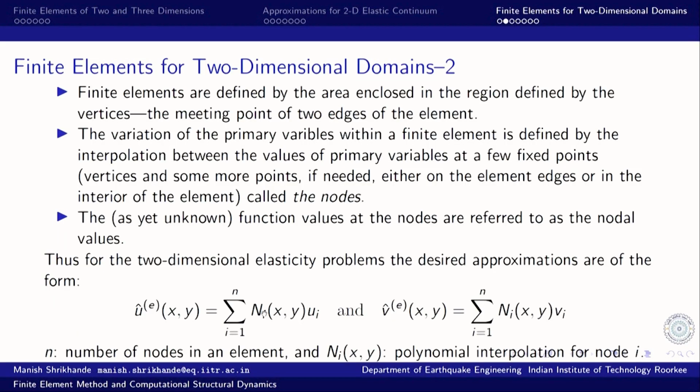The variation of the primary variable within a finite element, or within a subdomain E, is defined by interpolation between the values of the primary variables at a few fixed points, the vertices, and also some more points in between, which may be on the element edges, and can also be in the interior of the element.